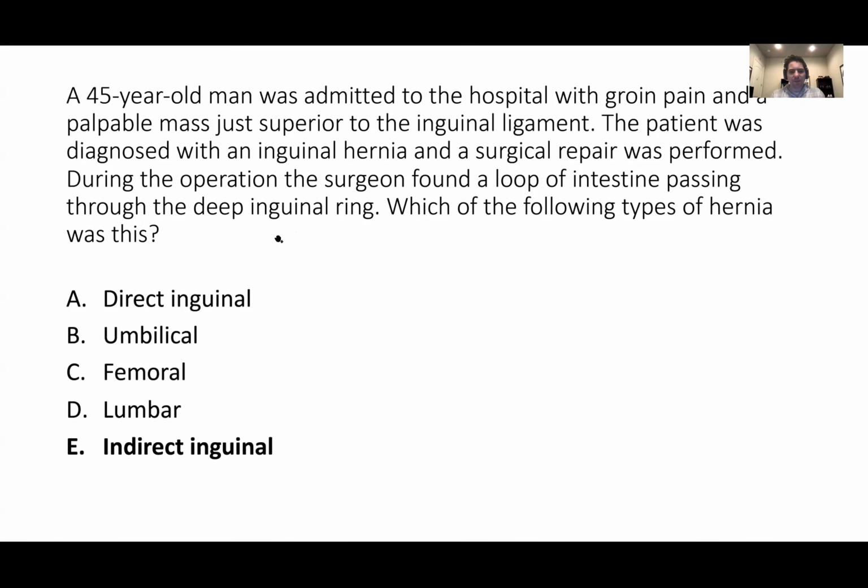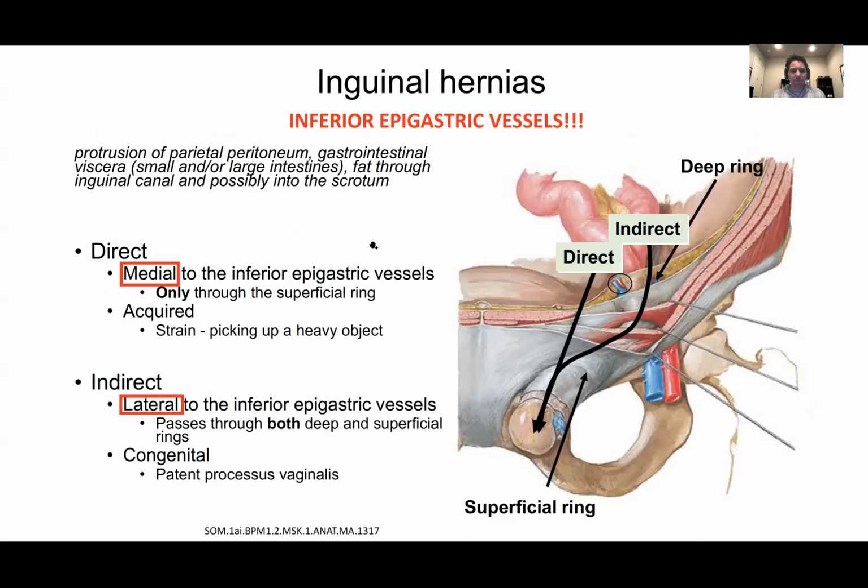So indirect comes lateral to the inferior epigastric vessels. Direct comes medial to the inferior epigastric vessels. Very important. But remember, since indirect is on this lateral side, it has a longer route to take. So it has to go through the deep ring and the superficial ring. The direct hernia just goes through the superficial ring.